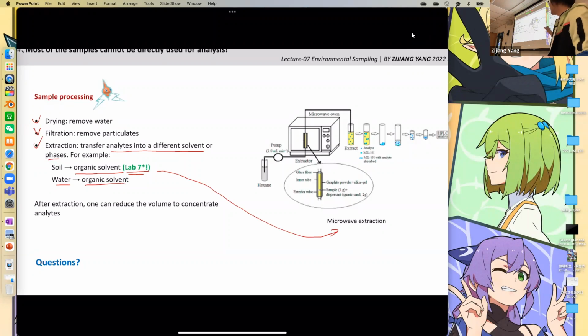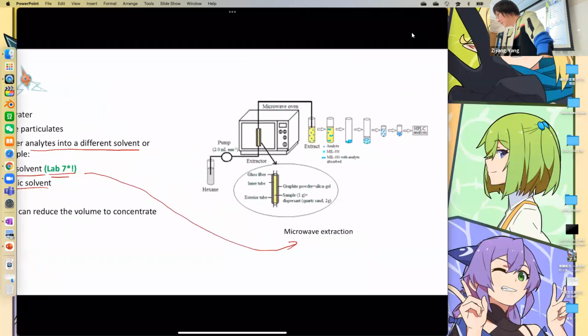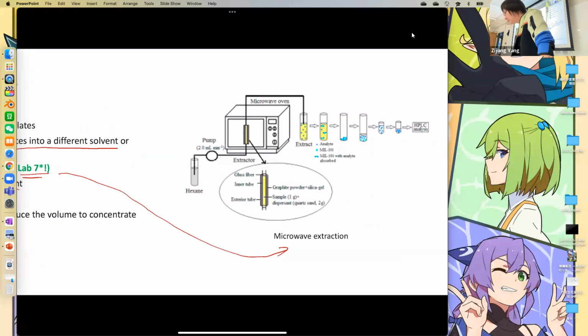Maria is still working on revising the methods, but most likely we are going to do this method. So basically we use hexane to extract the organic pesticides in our soil sample, and finally we have the contaminants or the chemicals in the hexane solution.